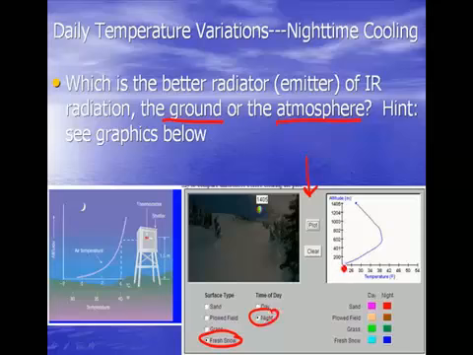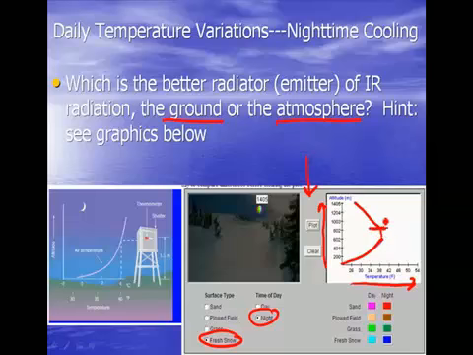And notice, right at the surface, again this y-axis being altitude in meters and temperature in Fahrenheit on the x-axis. Notice the temperature is increasing rapidly as we go from the surface and then begins to decrease once we reach this point up here.